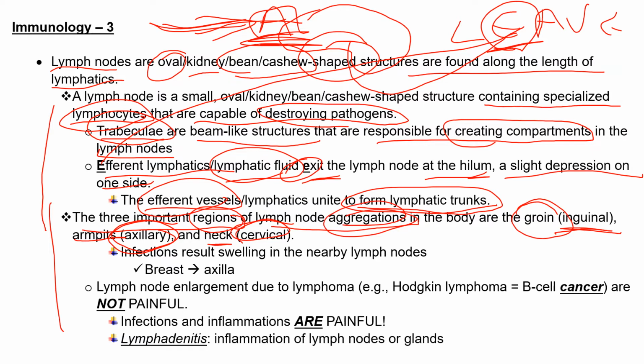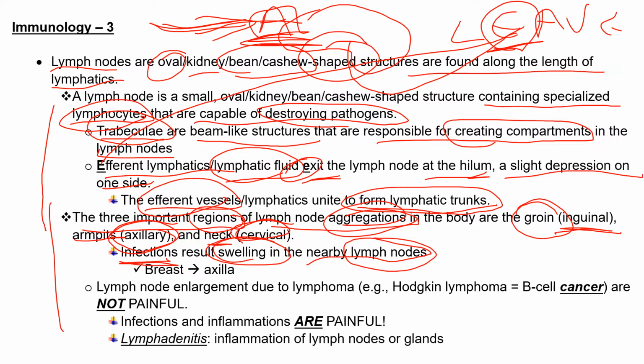Because there are more lymph nodes in that area, if there is an infection, you're going to see a swelling in that area more likely than anywhere else. You're obviously going to see a swelling in the lymph nodes that are close to that infection.